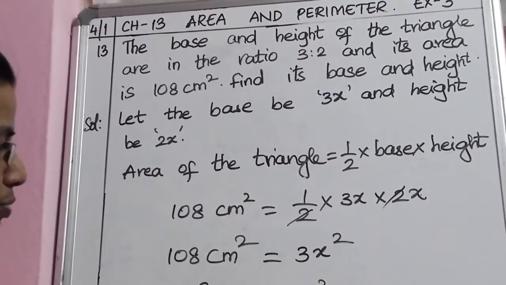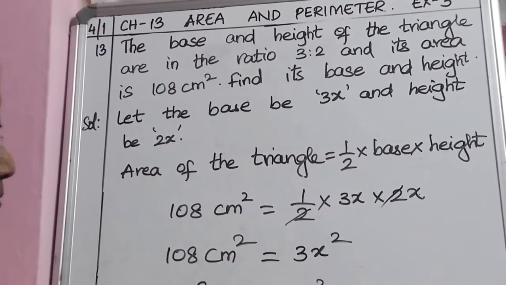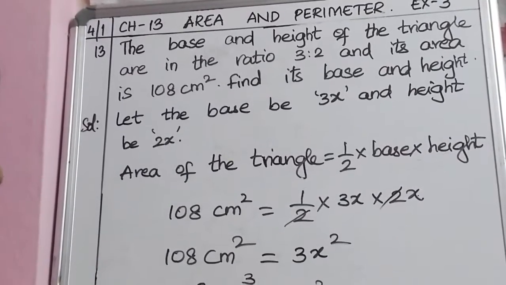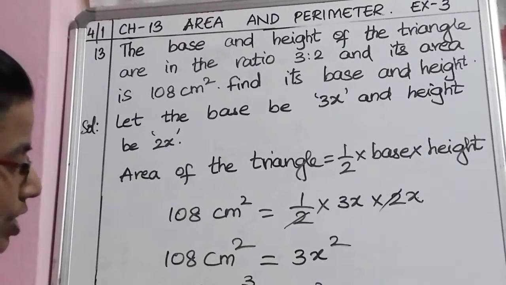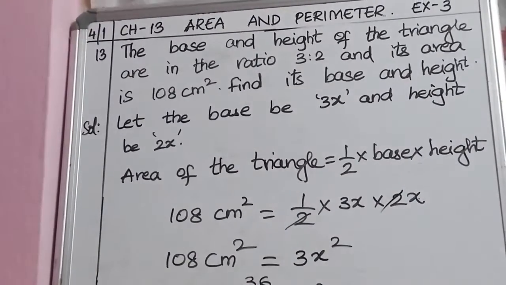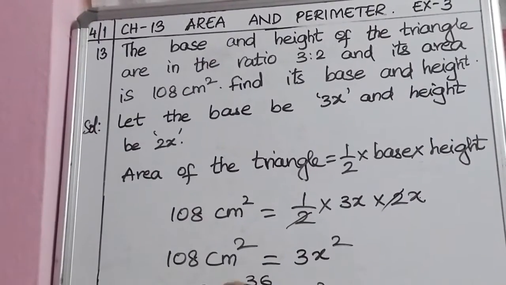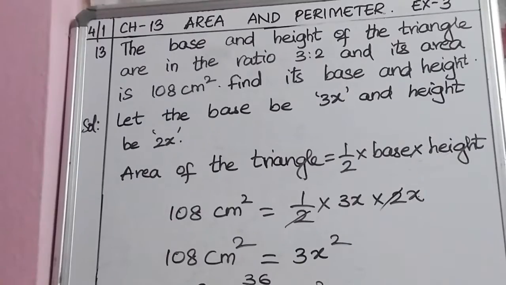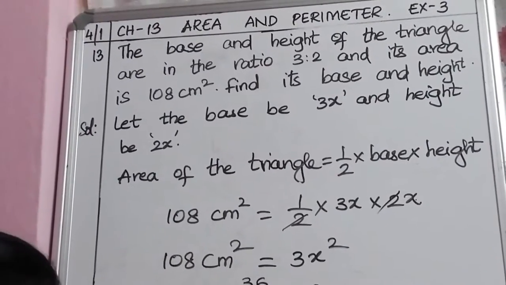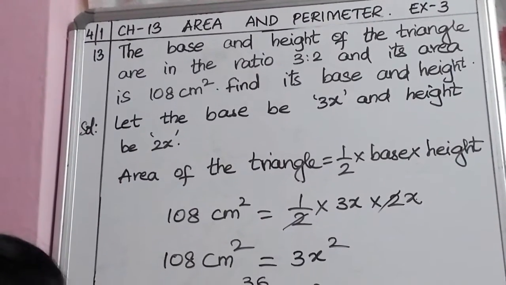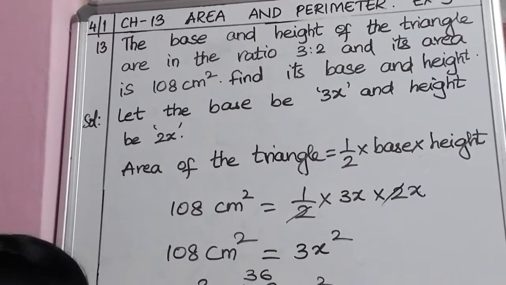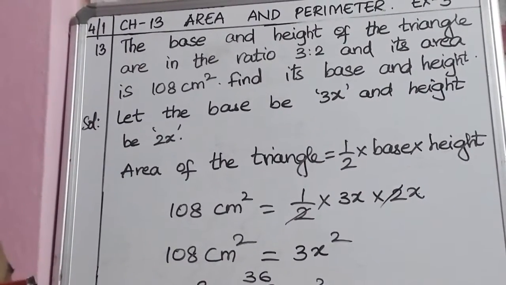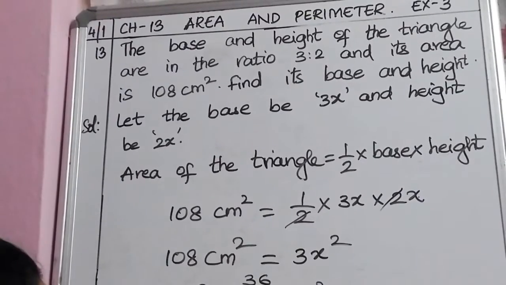So this is equal to 3 ones are 3, 3 3s are 9, 1 is the remainder, 18 is left, 3 6s are 18. So you are left with 36. x is equal to, I told you square when it goes to the other side it becomes square root of 36 square centimeters.